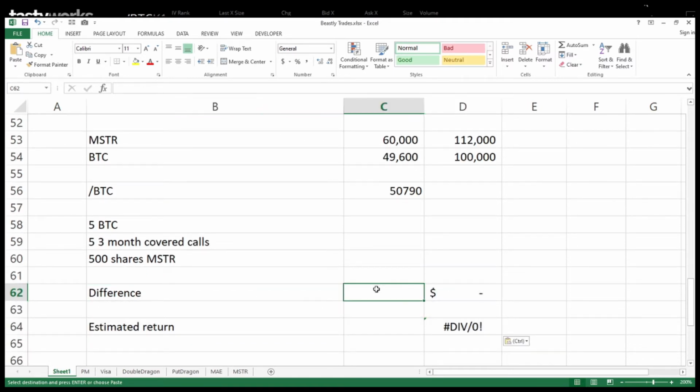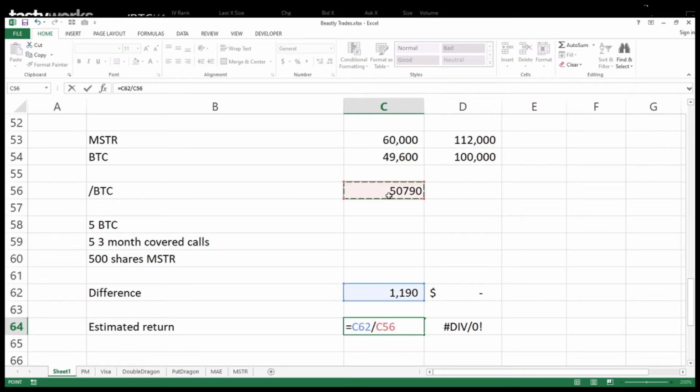If I take the difference between the Bitcoin future and the actual Bitcoin, that's potentially $1,190. And don't forget, we'll have to multiply everything by five, just to illustrate the difference between the returns.